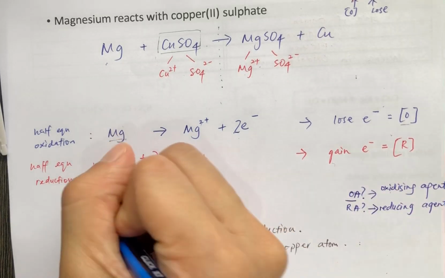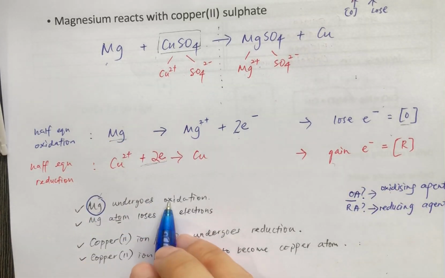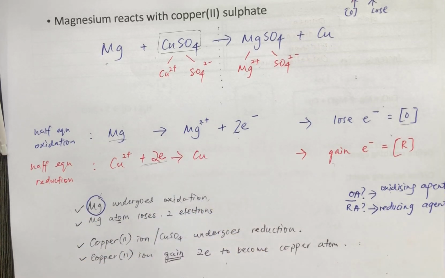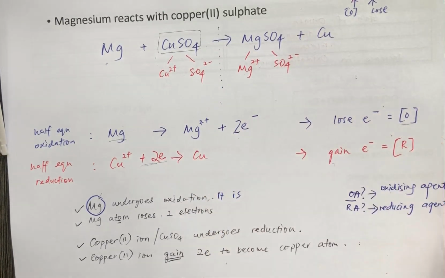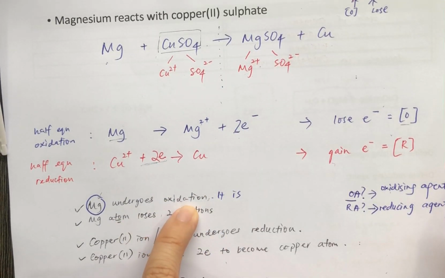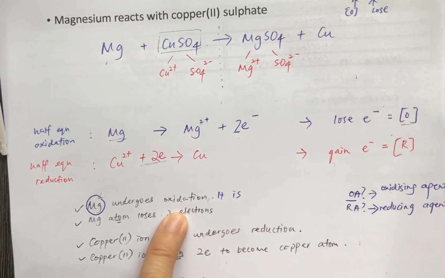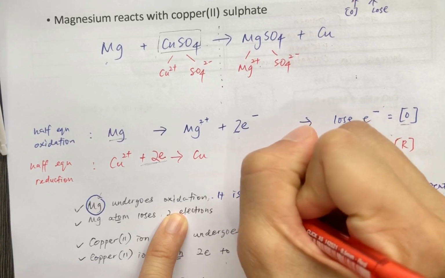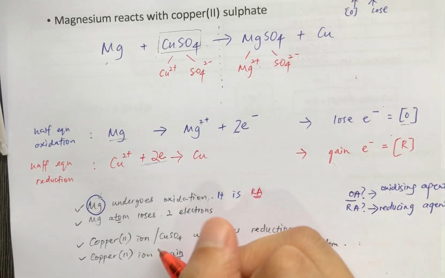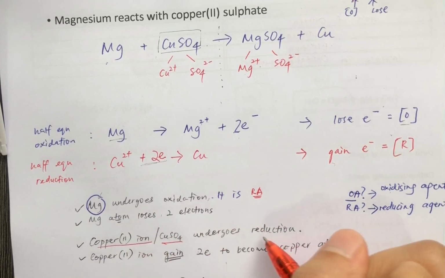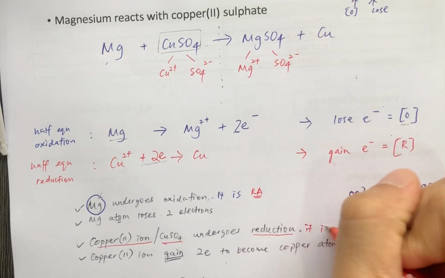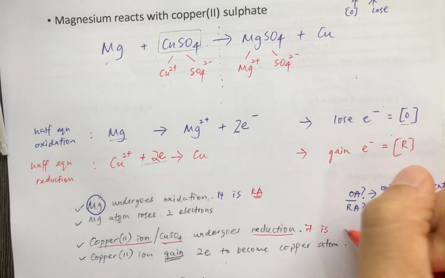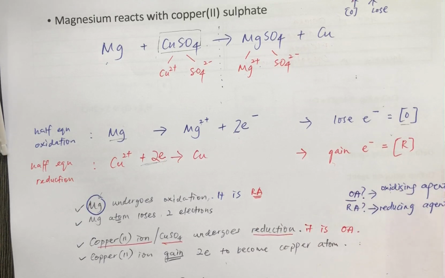Now my question: Mg undergoes oxidation, so is it an oxidizing agent or a reducing agent? Yes, it undergoes oxidation, so it is a reducing agent. Then the copper sulfate or the copper(II) ion undergoes reduction, so it is an oxidizing agent.